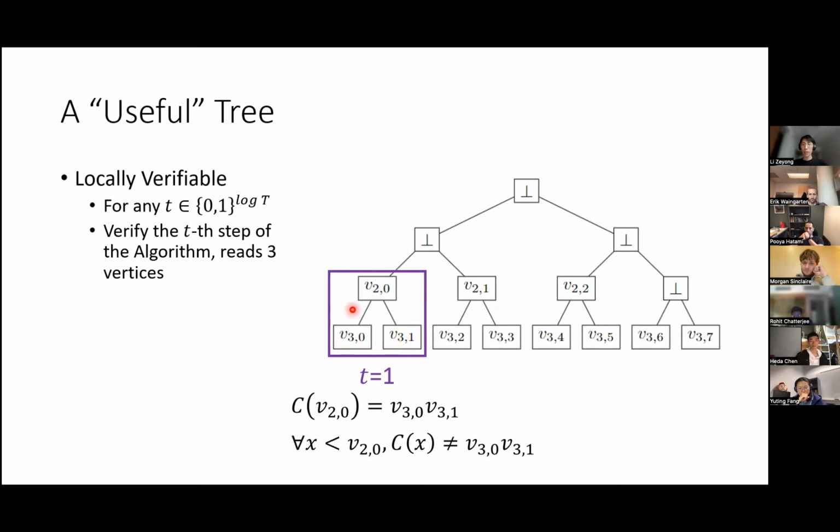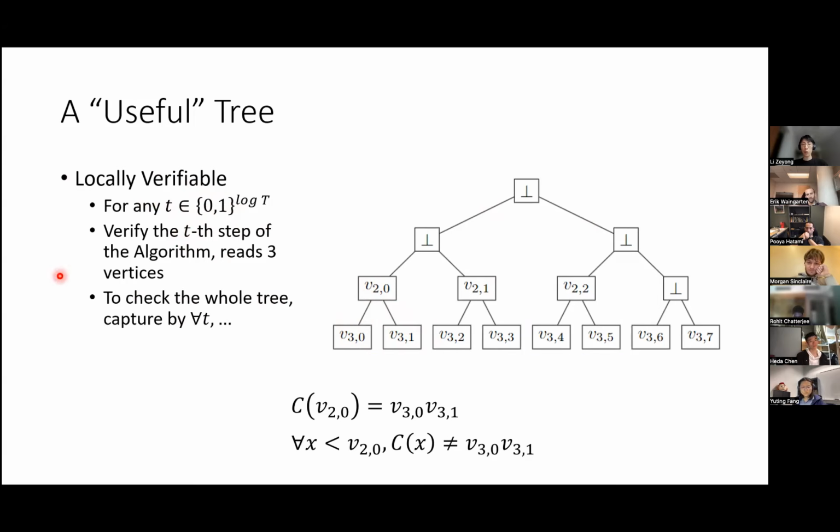But what's important is that I only need to read 3 vertices even though the tree is humongous. So for me to verify the t-th step, I only need 3 vertices. And that's why we call this locally verifiable. And this is true for all time steps.